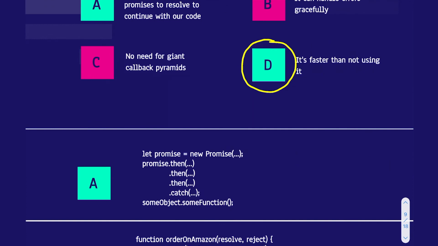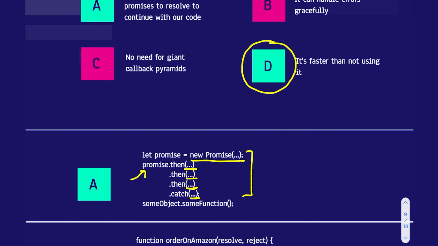So when we set up this code here, we're saying, okay, as soon as we make this promise, if it's successful, we want to run whatever function is in each of the .thens, and then if we have an error at some point, we're going to catch it and run this function. But while all that is happening, we can move on to the next line of code.